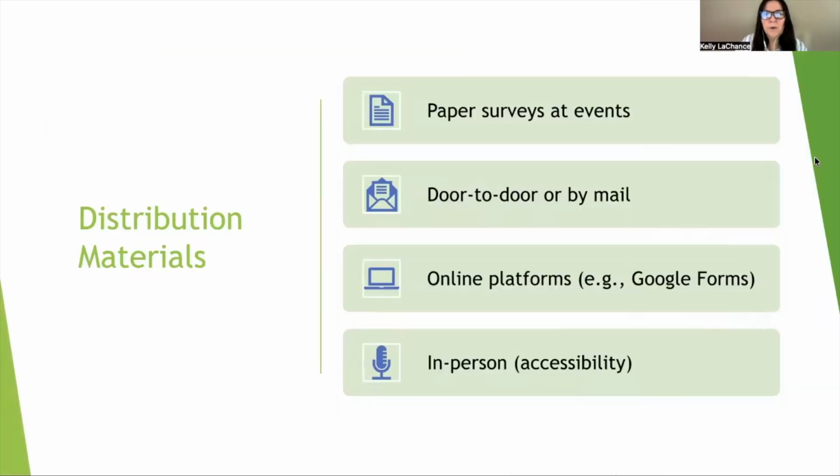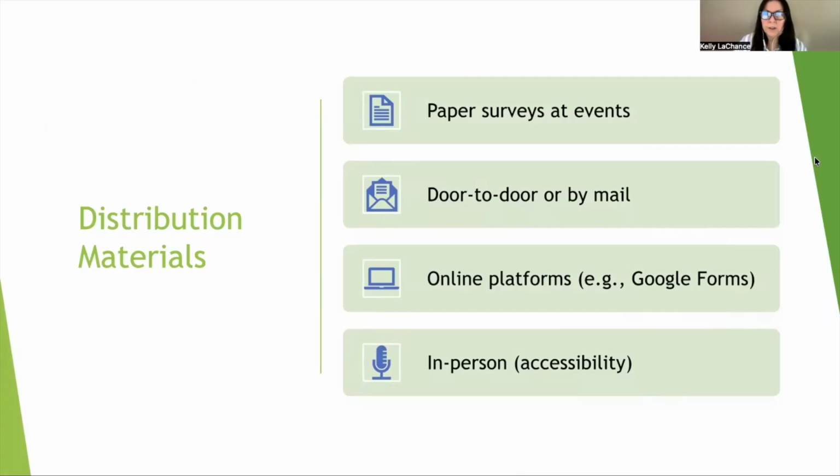So when you get ready to send out the materials and you're ready for the next steps, what you want to think about, especially in your own community, is what is the best way to do that? Is the best way to provide paper surveys at events?